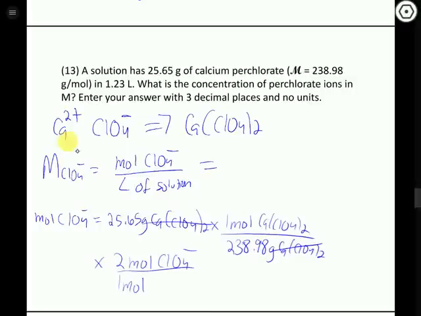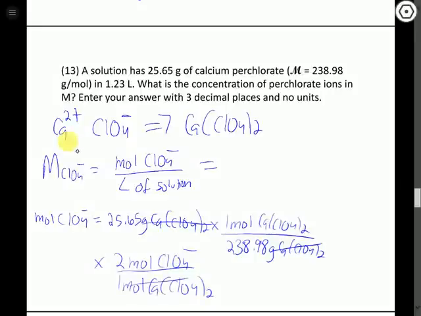So we have a 2 to 1 mole ratio of perchlorate to the ionic compound. That gives us moles of perchlorate. Again, that last step, doubling the number of moles to account for the number of ions in the formula, is one that's often forgotten. So we get 0.2147 moles of perchlorate.